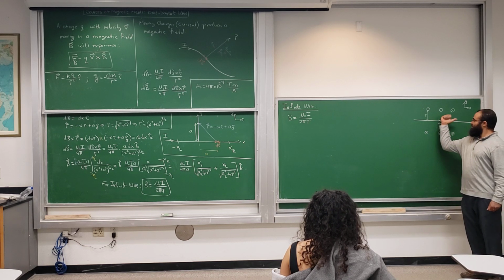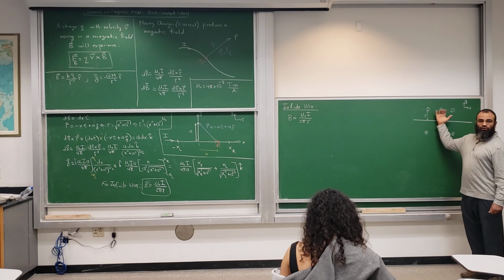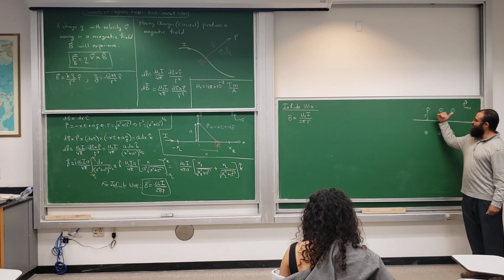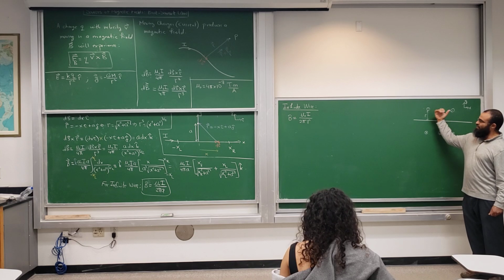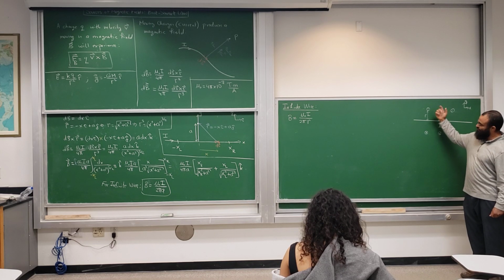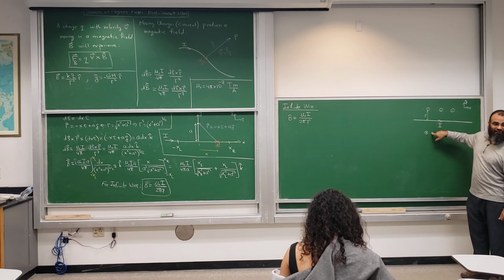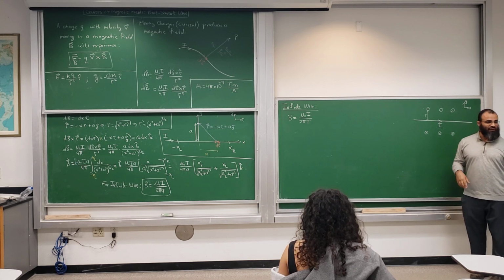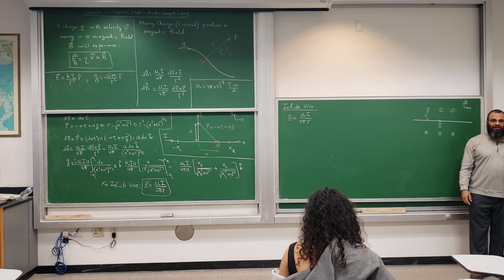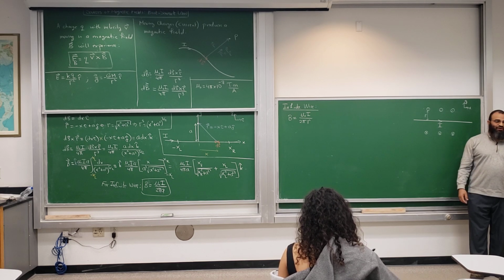Your fingers will loop around the current, like this. So if this is the current, the magnetic field here will be coming out. That's where my fingers are pointing. And here, it will be going in. So the magnetic field loops around the current.